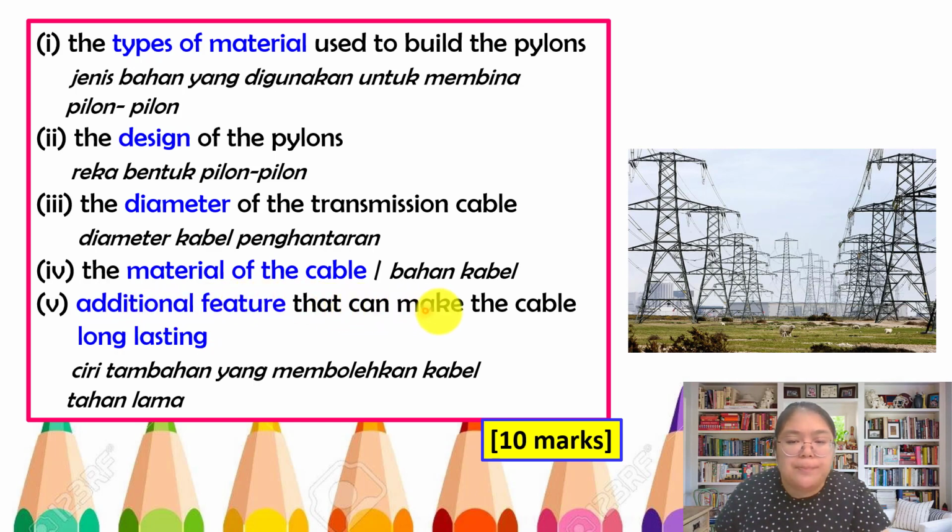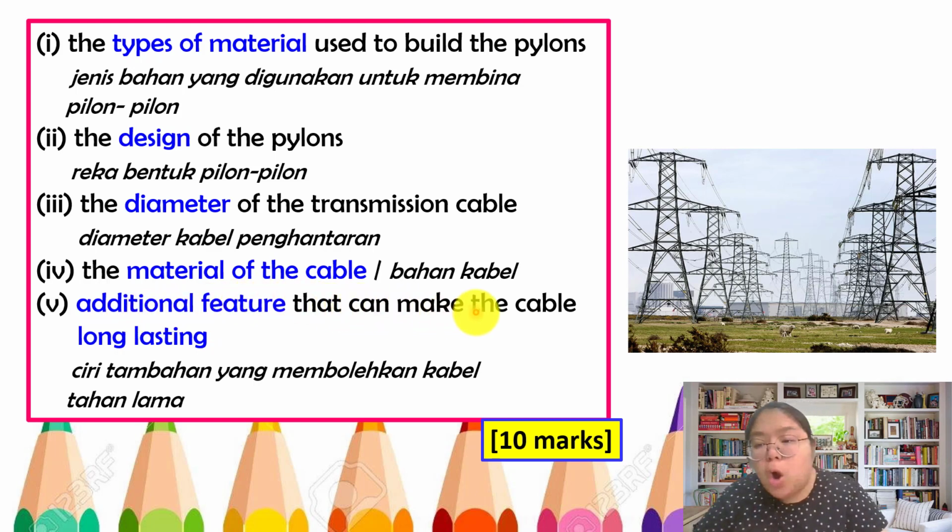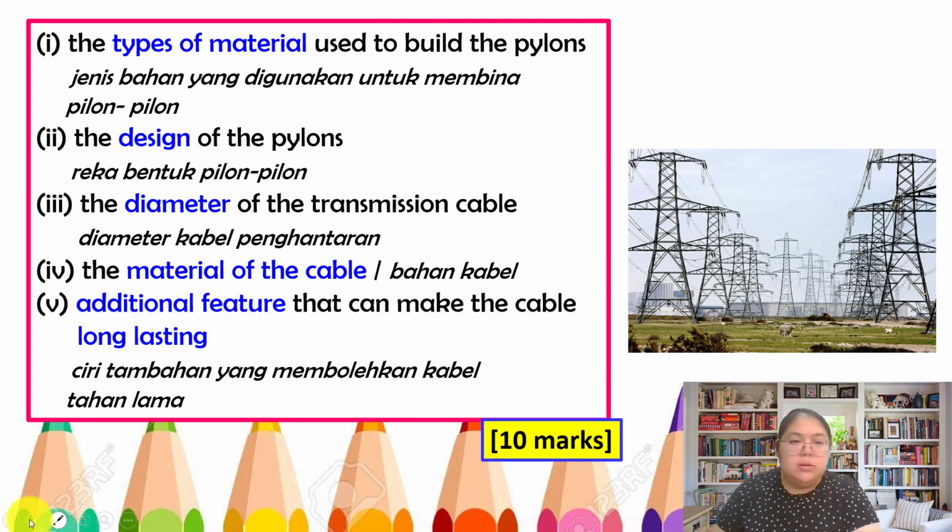You need to make the cable long lasting, so that it can be used for a longer time, because normally it is under the hot sun and the temperature must be very high. So you need to add some additional features, after that they can make the cable long lasting.